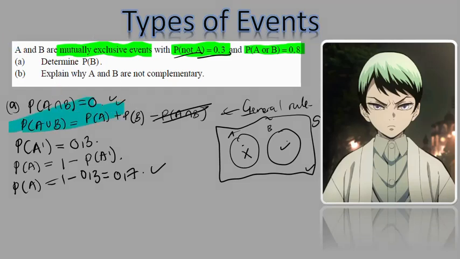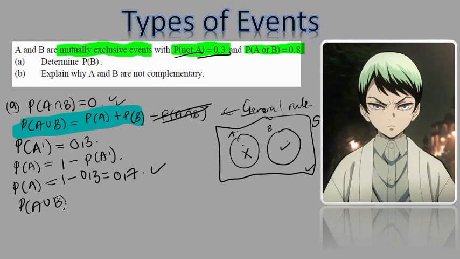Since I have A now, I can come back and use this formula here. Because I have the union and I have A now, therefore I can find B. So let me rewrite it again.